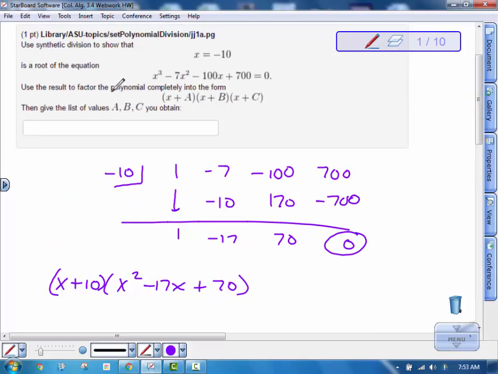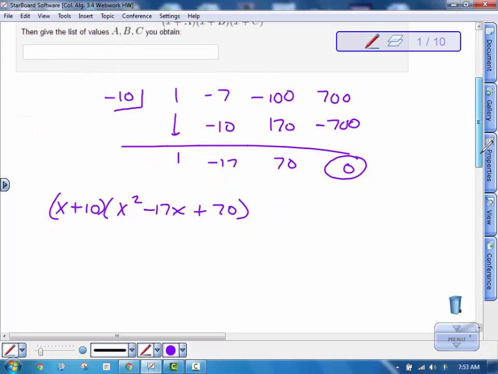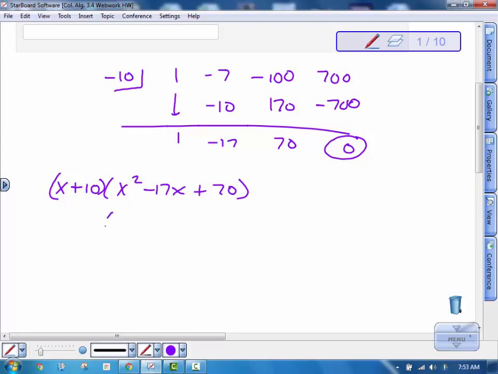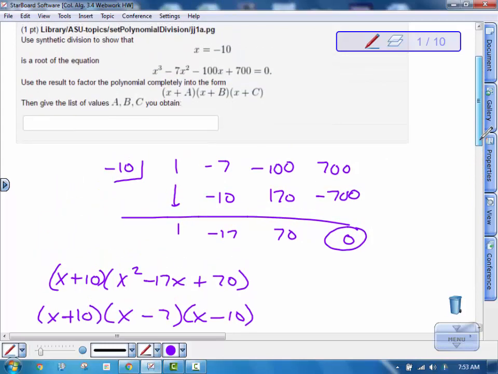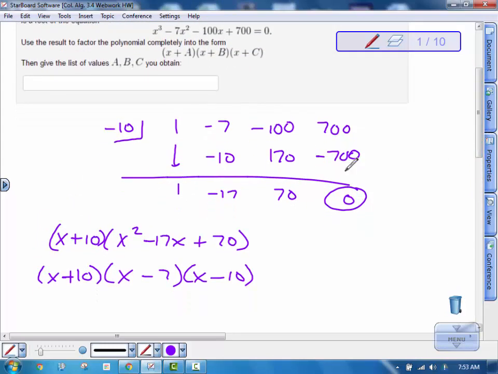They said use the result to factor the polynomial completely, so it should actually factor. So let's see if we can factor this. x minus 7 and x minus 10 multiply to be positive 70 and add to be negative 17. So there's our polynomial. Let's double check if they wanted us to write it a special way. Nope. We can just write it just like this, and that should work.